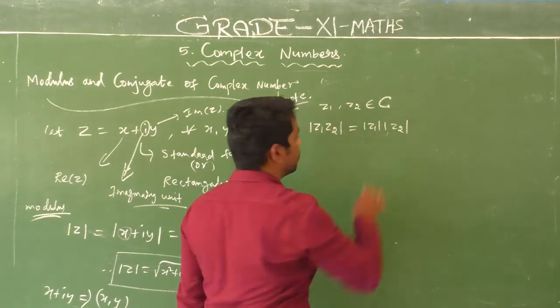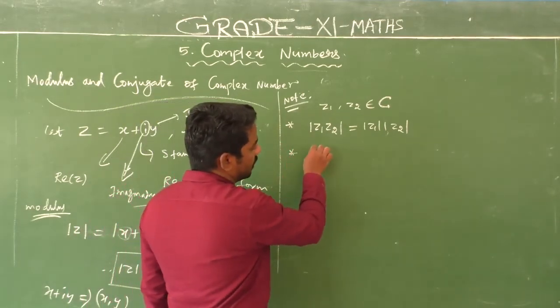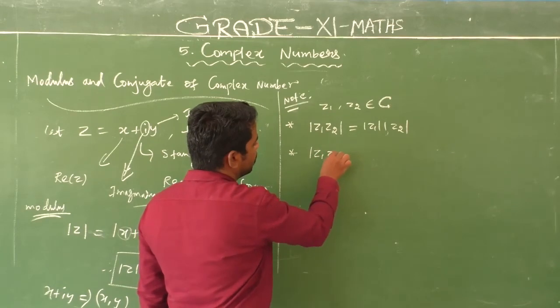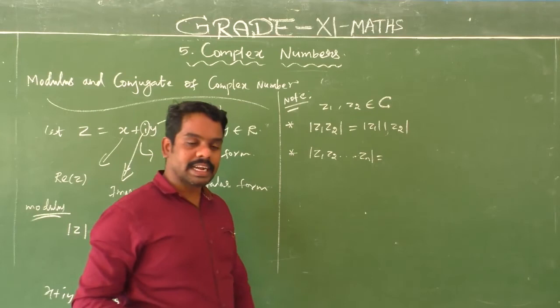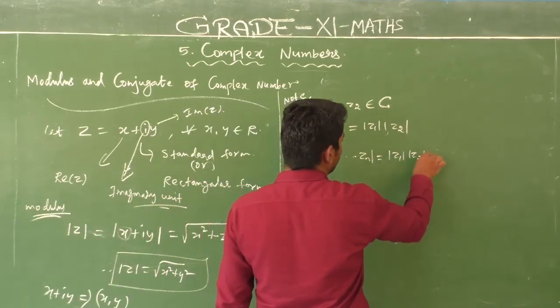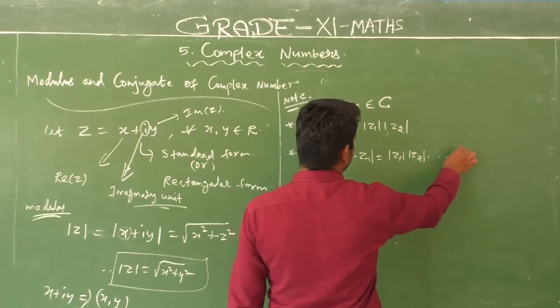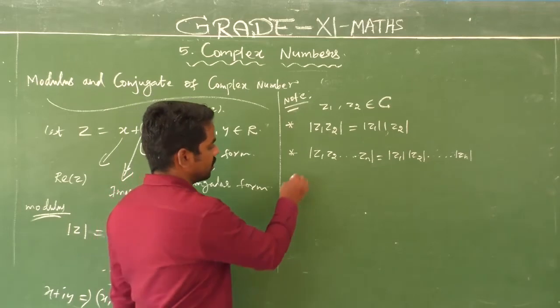And the second property: the modulus of z1 into z2 and so on up to zn is written as modulus of z1 into modulus of z2 into modulus of z3 and so on, up to modulus of zn.